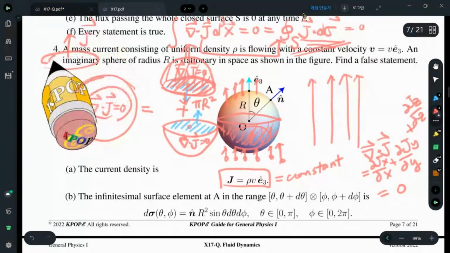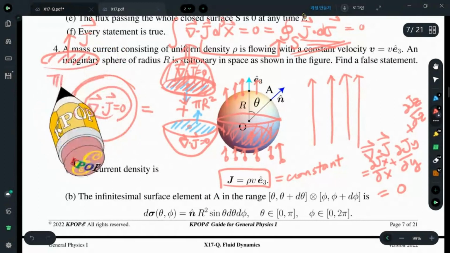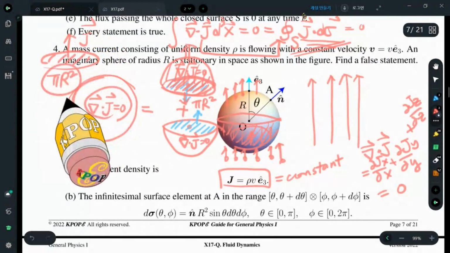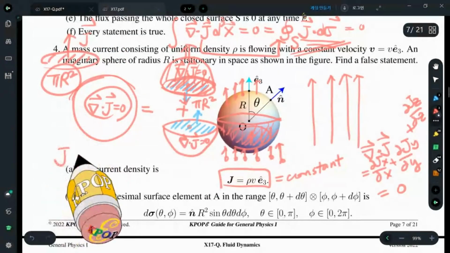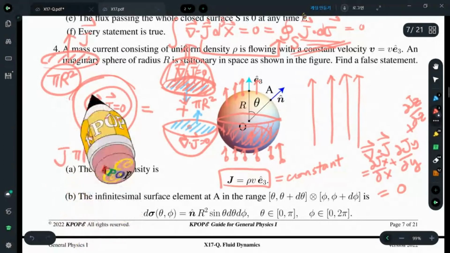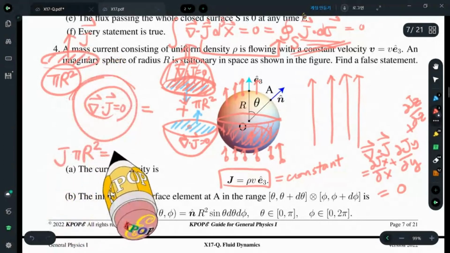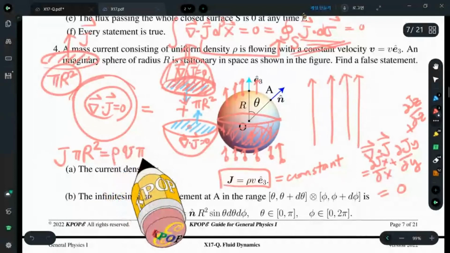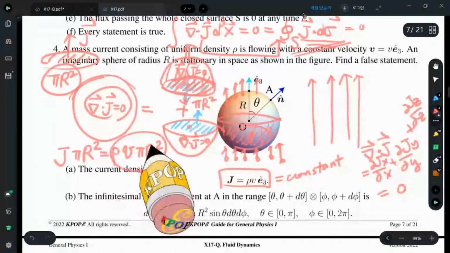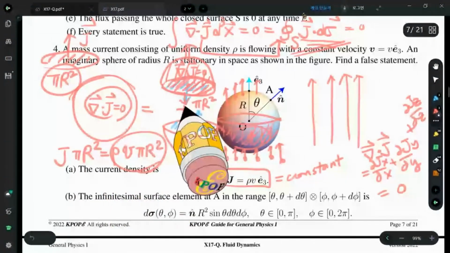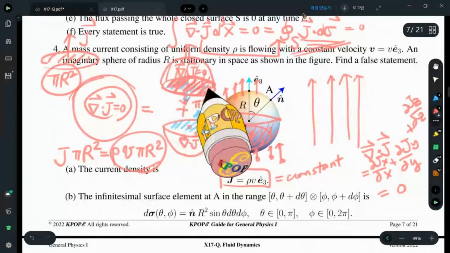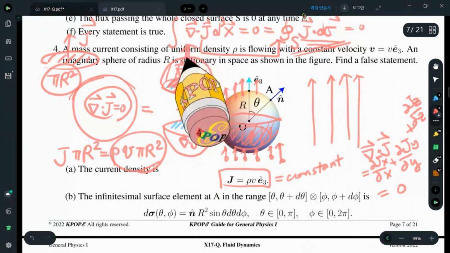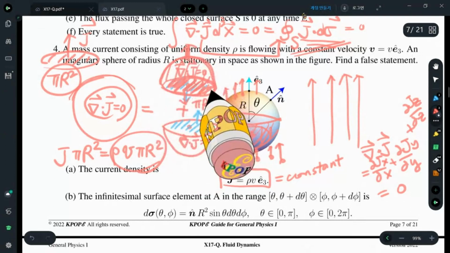The current J passing through this pi r squared disk: J is rho v pi r squared. This amount of mass passes through this disk, and the same amount of mass passes through this round surface.